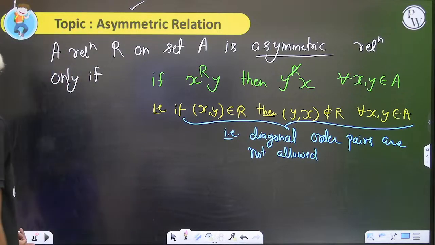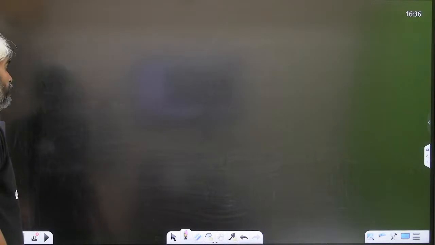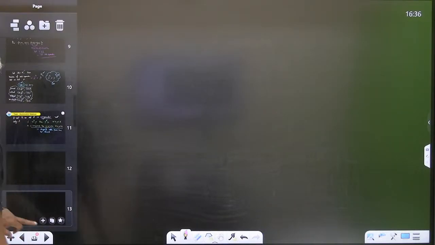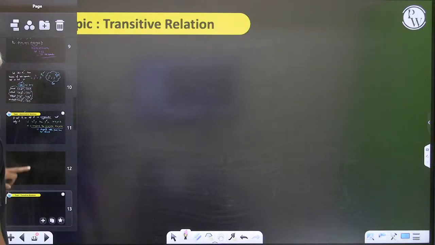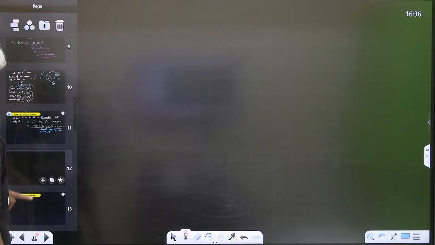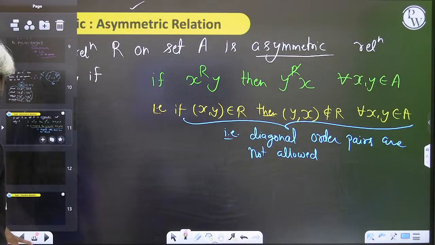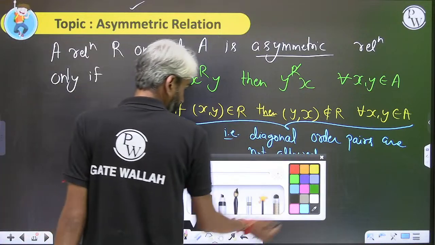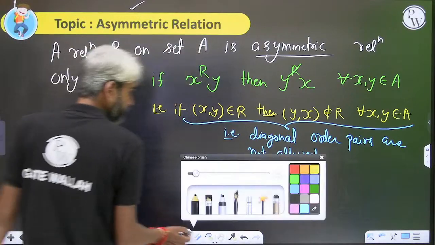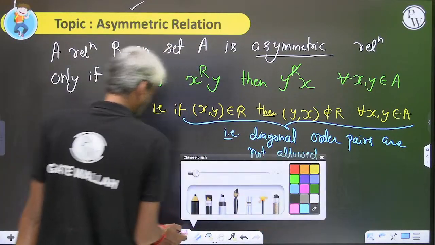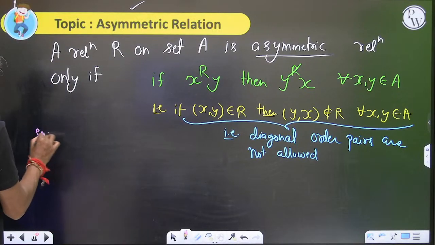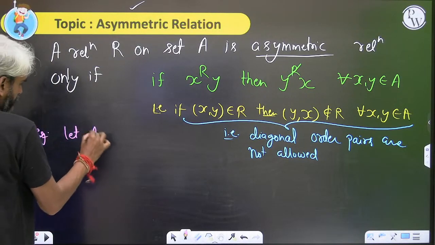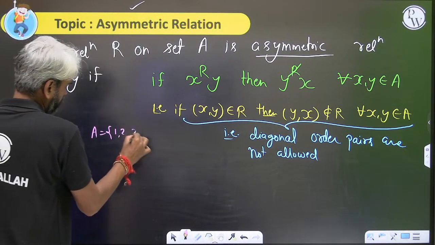Okay. So let me first do an example of an asymmetric relation. We'll talk about the number of asymmetric relations. Let A equal 1 to 3.